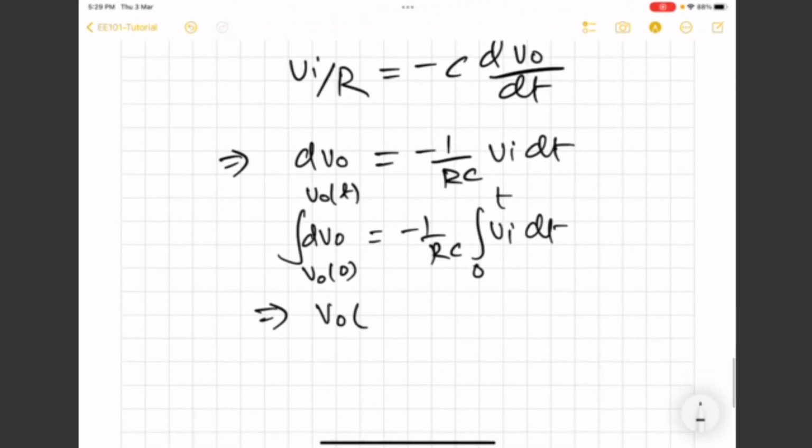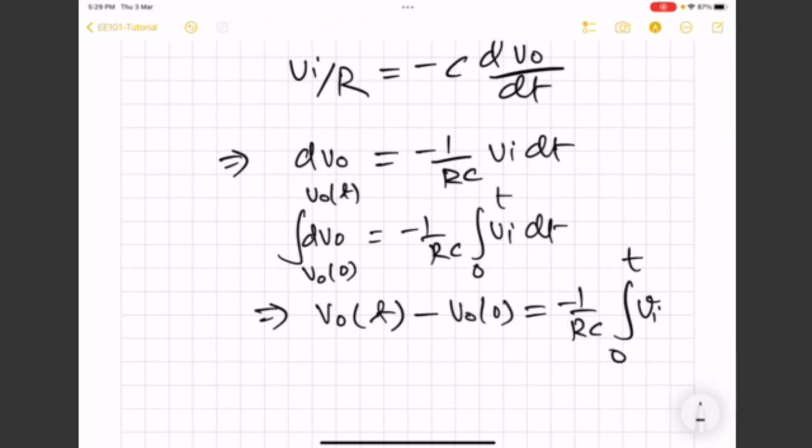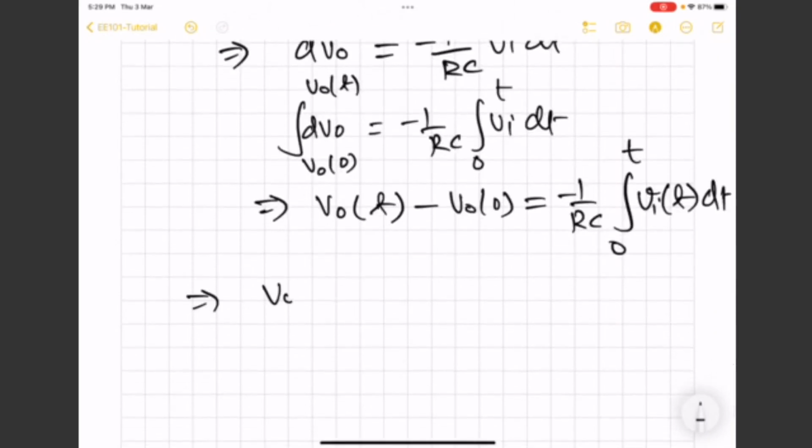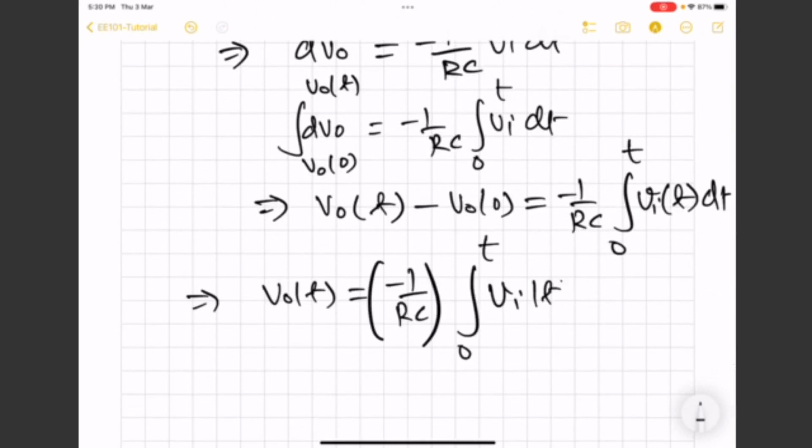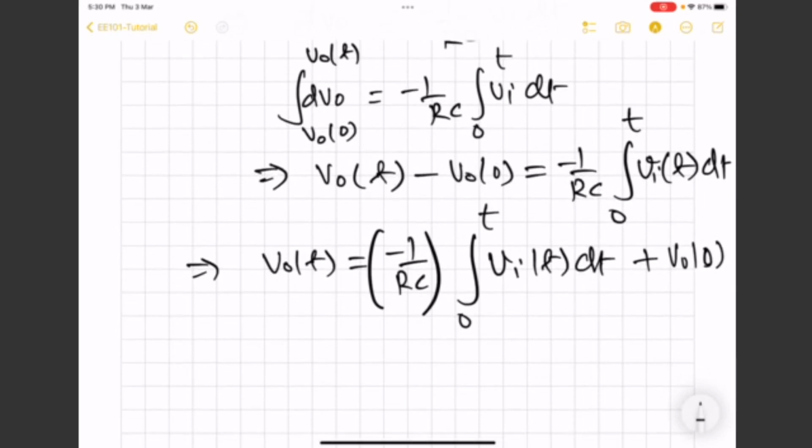So this simply becomes voltage at any moment minus voltage in the beginning. The right hand integration cannot be carried out unless we know the expression for Vi. So we can see that the output voltage is, of course, a scaled version determined by R and C, a scaled version of the integral of the input voltage, plus a constant which will be the initial output voltage.